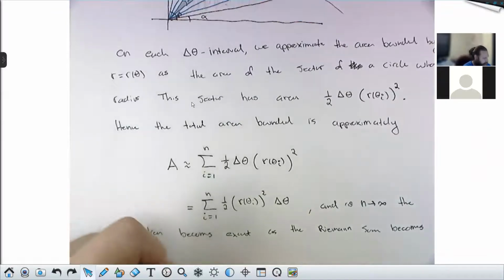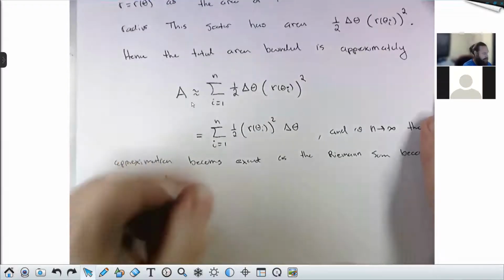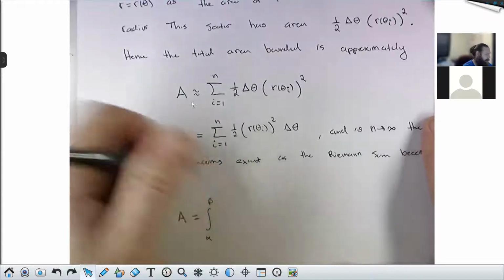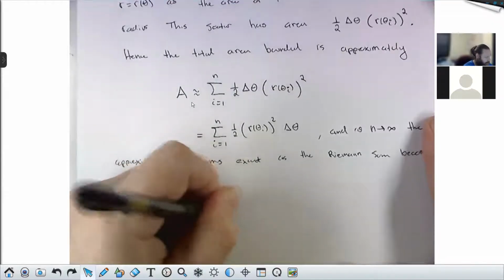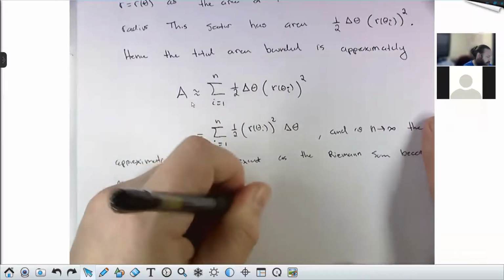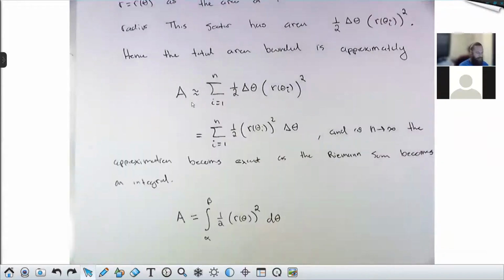And this gives us the formula for the area bounded by a polar curve, which is the integral from alpha to beta of 1/2 R of theta, your function, squared d theta.